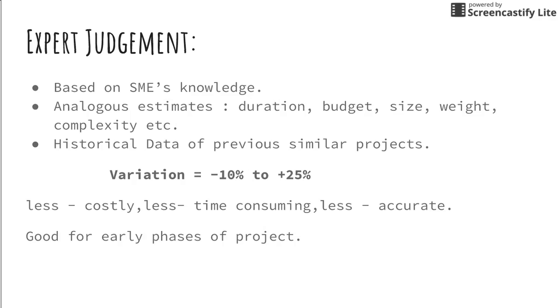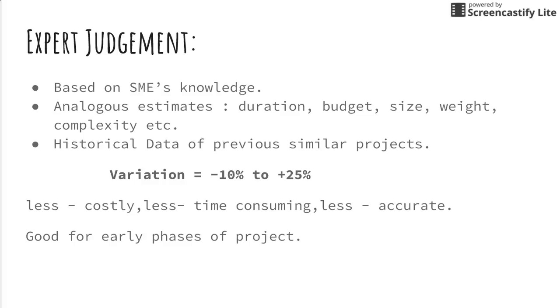The next one in the list is expert judgment. This is another form of estimation technique. It is based upon the wisdom and knowledge of the subject matter expert or the expert practitioner.